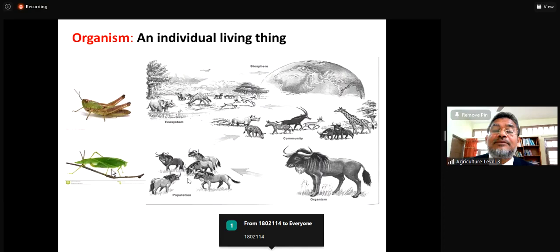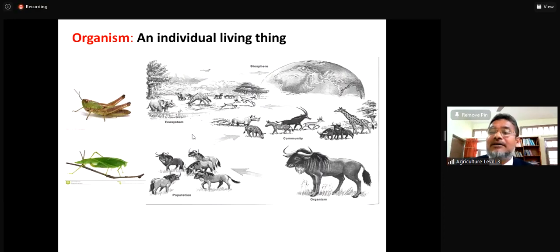All are affecting the life of organisms, whether they will stay there, build up their populations, or how they maintain their life. That is called ecology. So you can see all these are organisms.